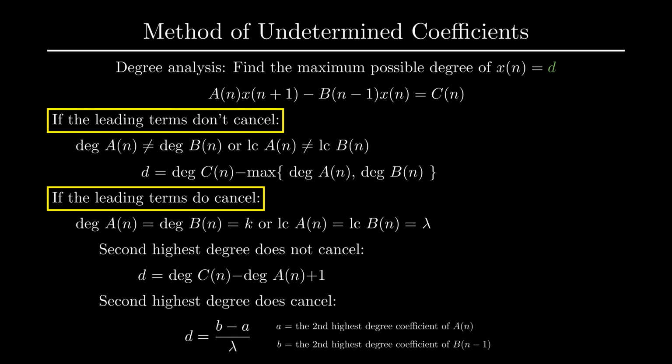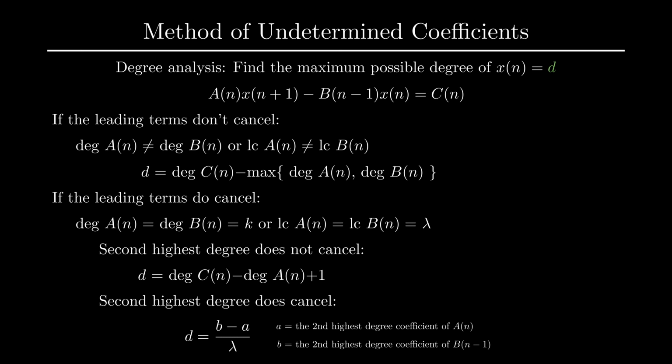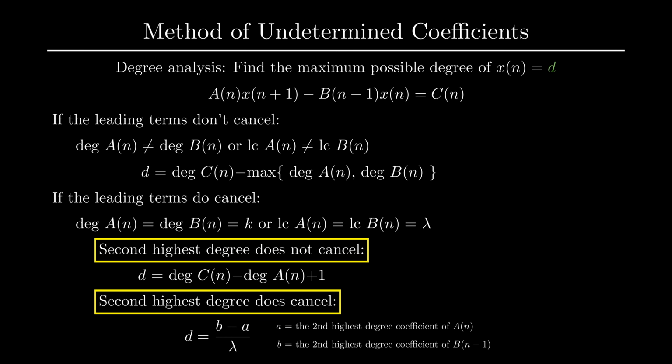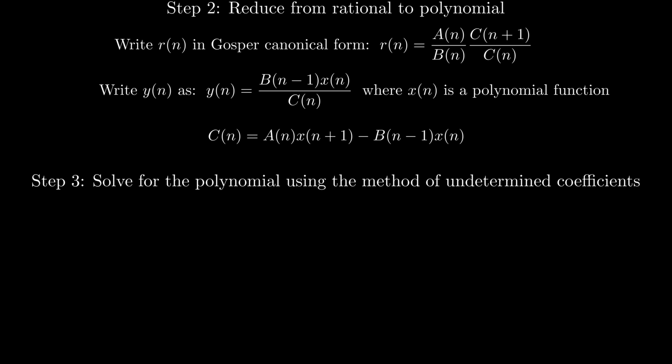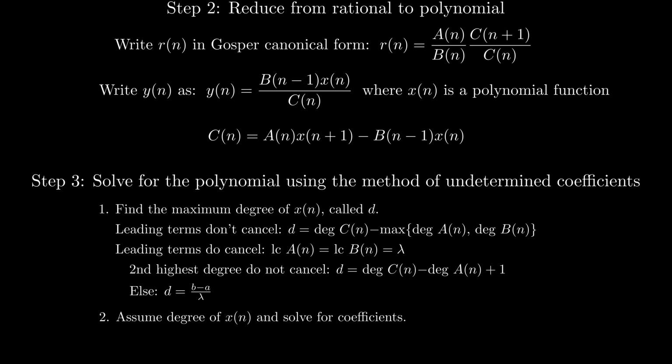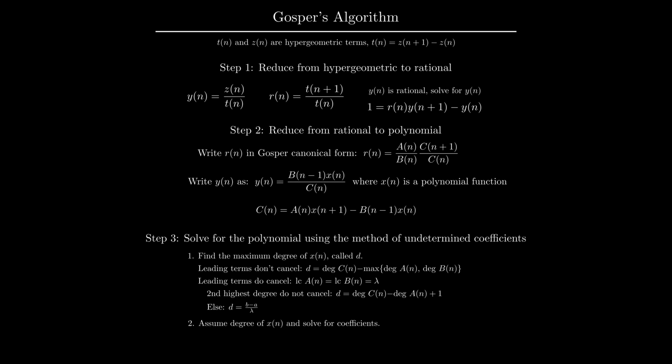While these two cases can't ever happen at the same time, as we can clearly see from the beginning which case is relevant, it's possible for a polynomial recurrence to have solutions in both subcases here, as these subcases depend on the solution. In any case, we now have a maximum value of d we can calculate, which gives us a complete solution for our method of undetermined coefficients, and that completes Gosper's algorithm.